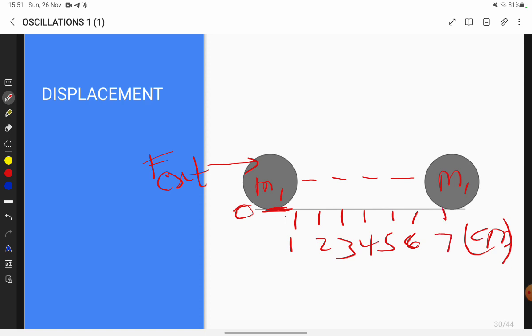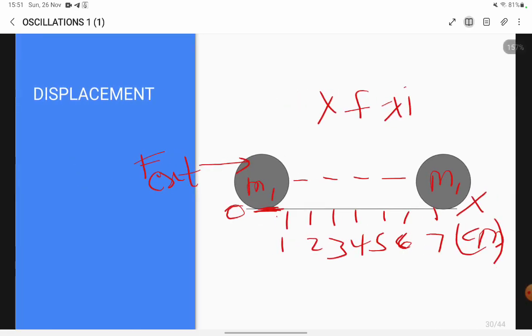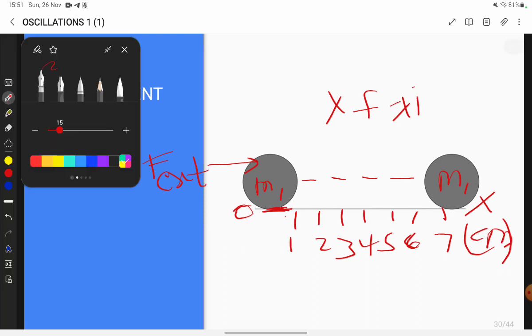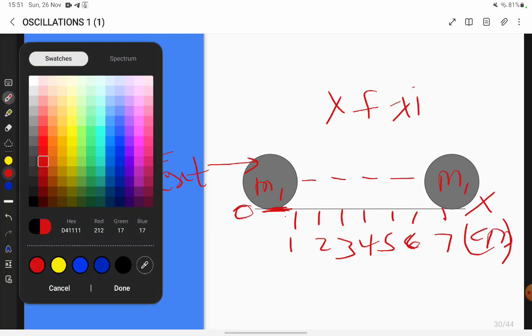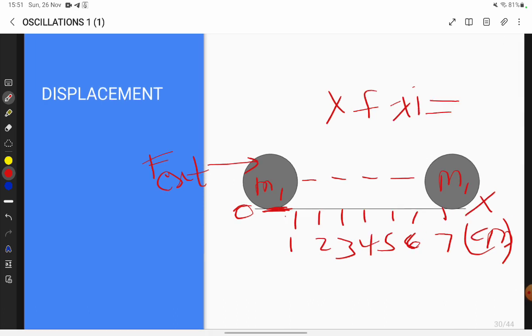So its displacement is denoted as final minus initial. This is the x-axis, so x final minus x initial is equal to 7. So what is the displacement here? 7 is the displacement. So displacement starts from the mean position itself. It starts from the mean position only.